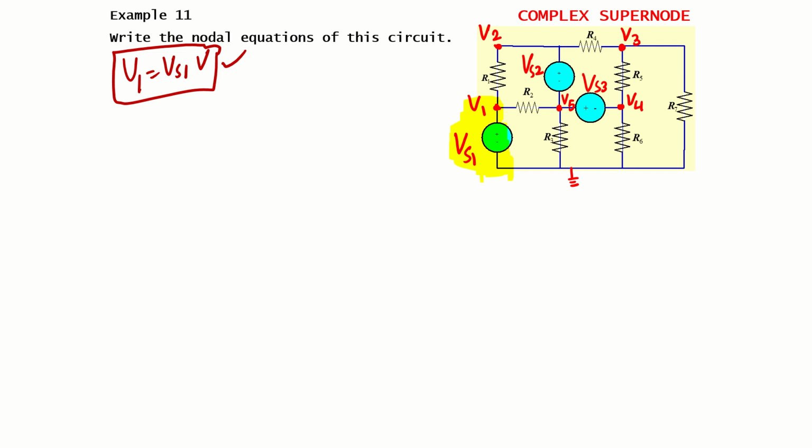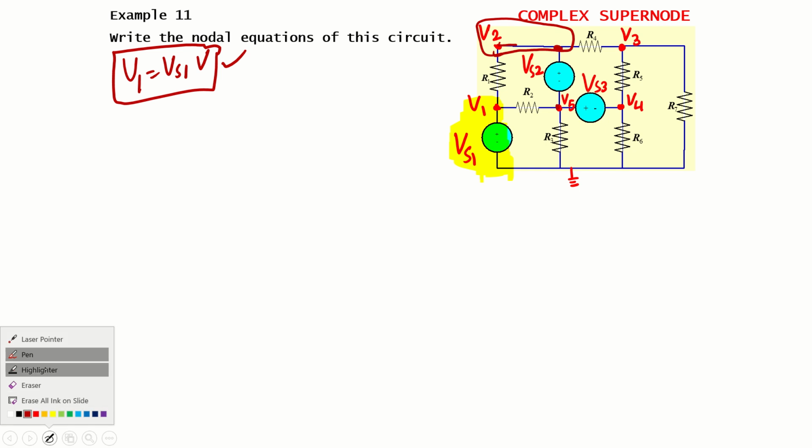Now we need to look at the other nodes. For example V2: this complete node is V2, right? There is a voltage source connected between this node and this node, so it means a voltage source between V2 and V5.